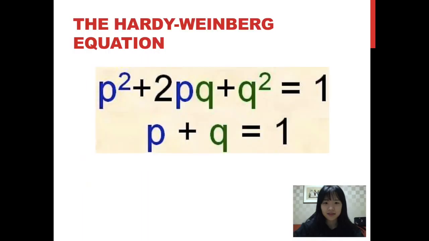In the Hardy-Weinberg equation, the first equation shown in the slide reveals that the allele frequencies for each allele, the dominant and the recessive, are p and q. Then the frequency of homozygous dominant is p squared, and the frequency of homozygous recessive is q squared, whereas the frequency of heterozygote is 2pq.